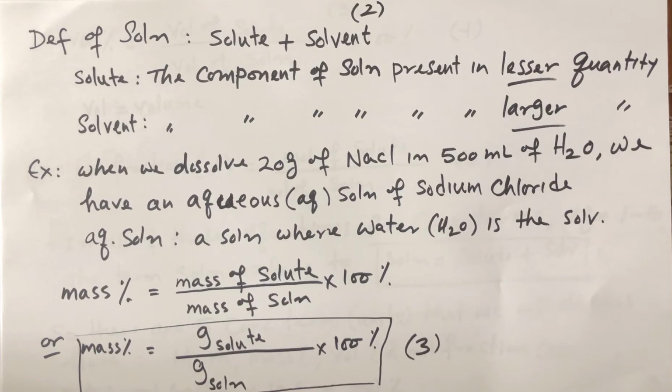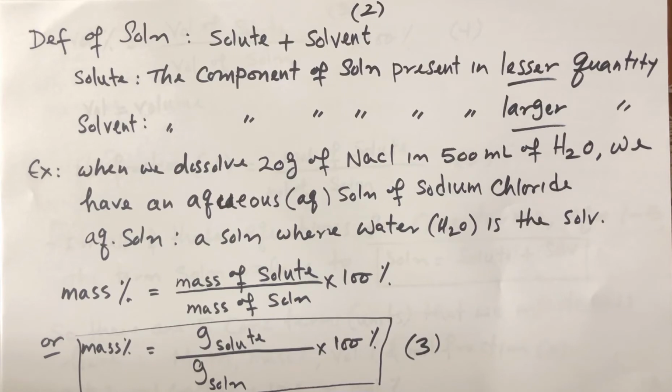For example, when you dissolve a certain amount of sodium chloride, in this example 20 grams, in let's say 500 milliliters of water, we have an aqueous solution of sodium chloride. I'll also define what aqueous is, because from now on we are going to refer to this term quite frequently. An aqueous solution, or AQ solution, is a solution where water is mainly the solvent.